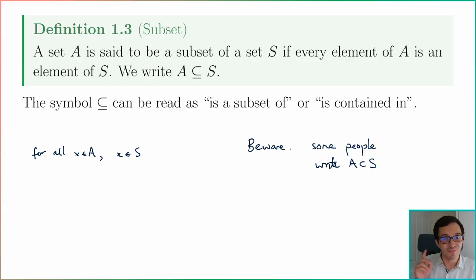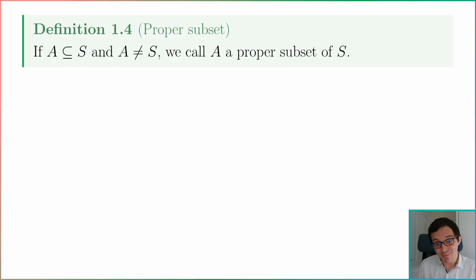And then a related idea, you can maybe see where I'm going. Related idea is a proper subset, where if A is a subset and it's not equal to S, then we say that A is a proper subset of S. And I don't have a go-to symbol for this.